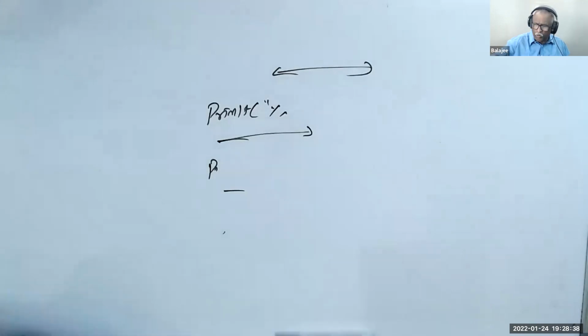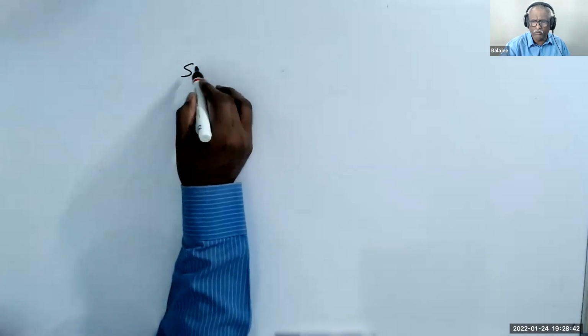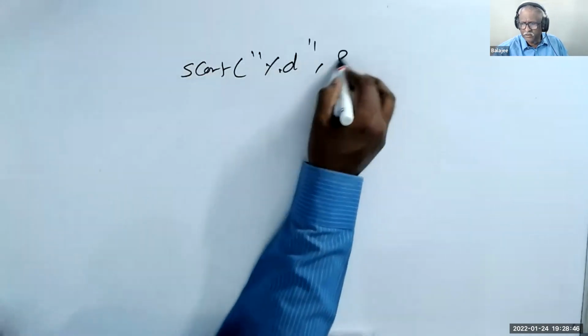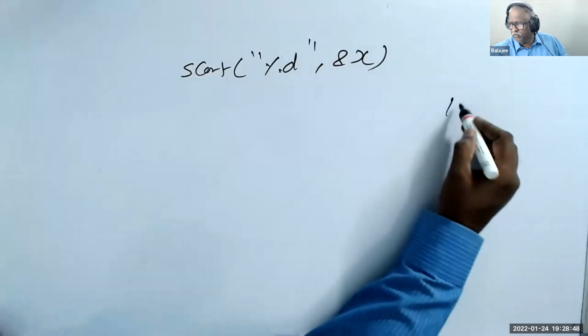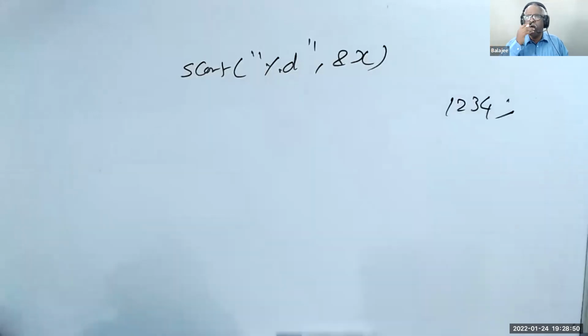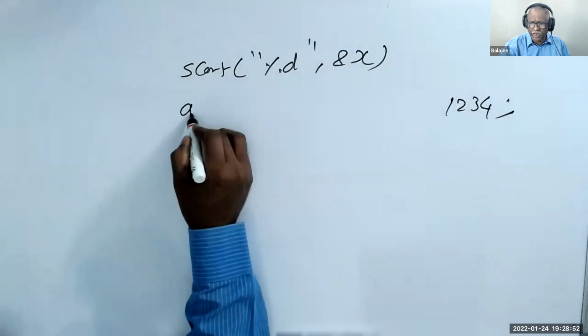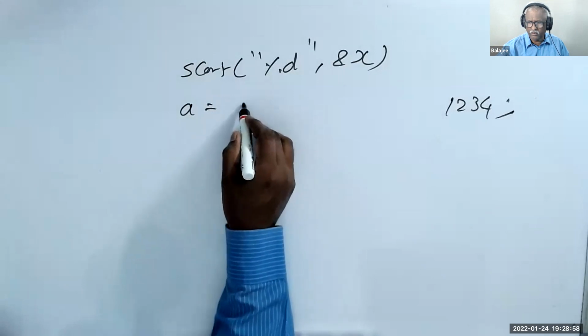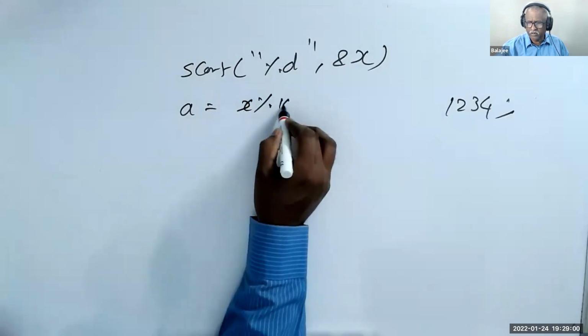Let me write a small program now. Scanf, percentage d, comma, and the X. You entered 1, 2, 3, 4. Am I right? Now I say A equal to X percentage 10.